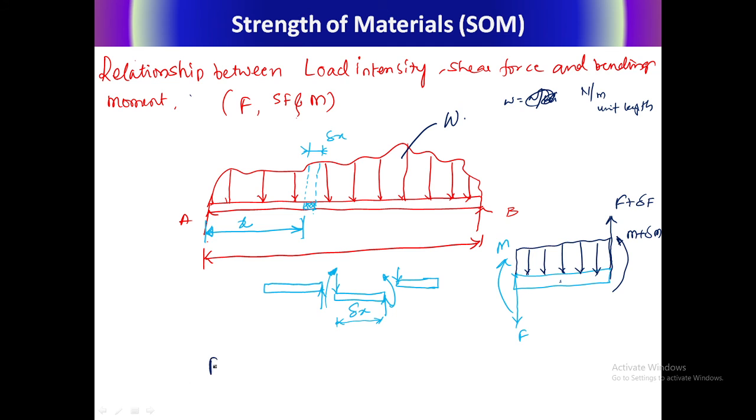Now let us write the equation here. F plus delta F is acting in the positive direction, and F is acting in the negative direction. Now the intensity of load because of this variable load, over the distance delta x, is W into delta x, which is subtracted.